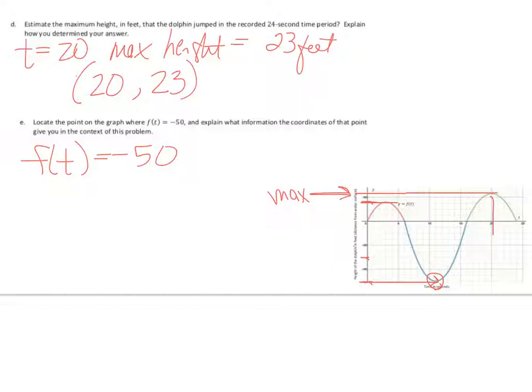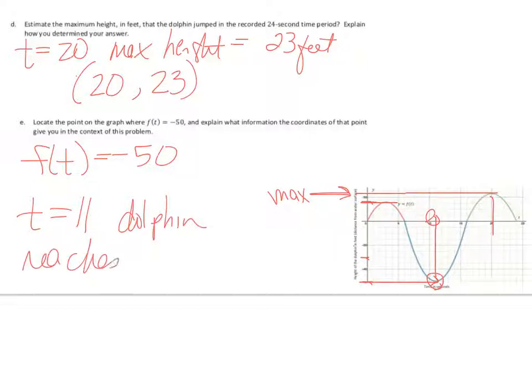Explain what information the coordinates of that point give you in the context of this problem. So we are at 11 seconds. At 11 seconds, the dolphin reaches a depth of 50 feet.